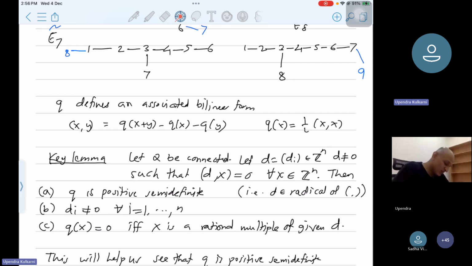And moreover, notice the quadratic form certainly vanishes on D, because the quadratic form is just half of D with itself. So what it says is that if the quadratic form vanishes on any vector whatsoever, then it has to be a rational multiple of the given vector D.